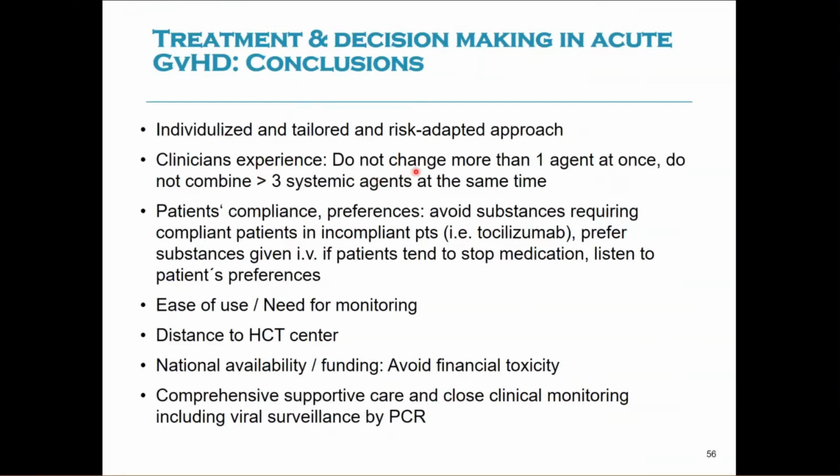We do not want to change more than one agent at once, and we try not to combine more than 3 systemic agents at the same time. The patient's compliance and preference should be considered. So, for instance, substances which require a compliant patient should be avoided in non-compliant patients.